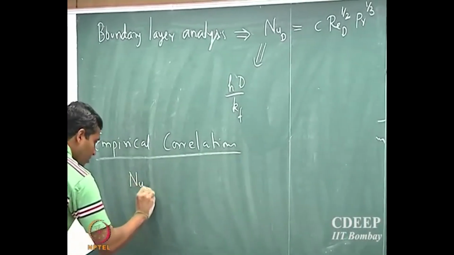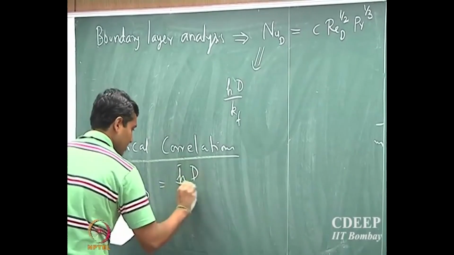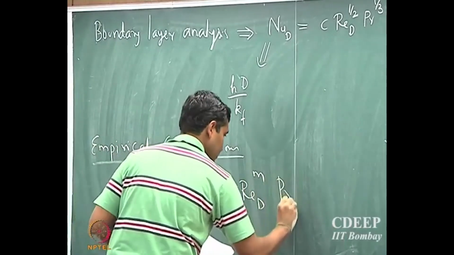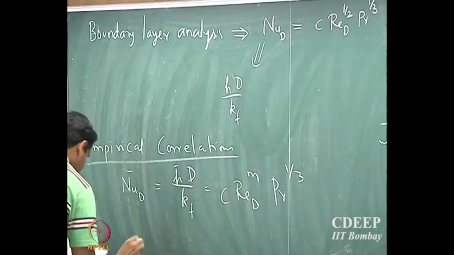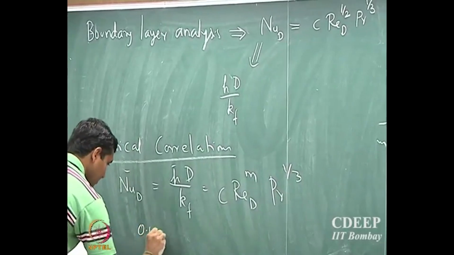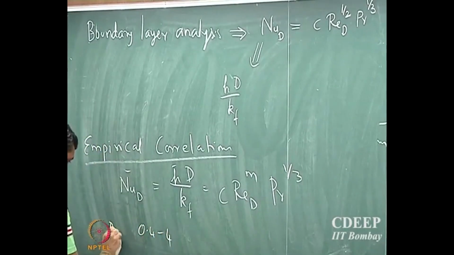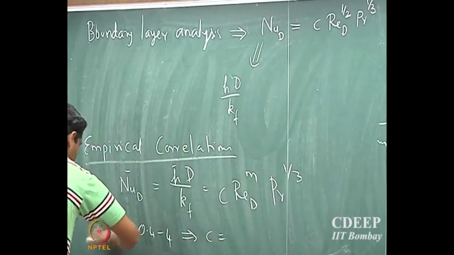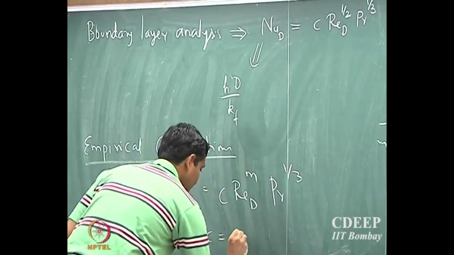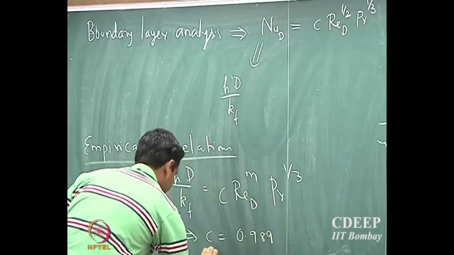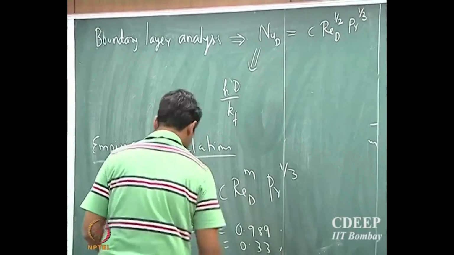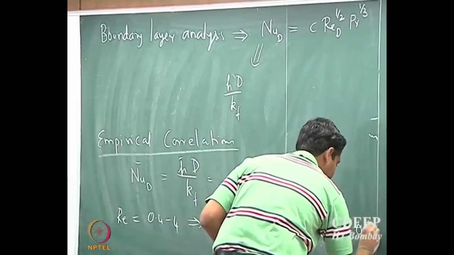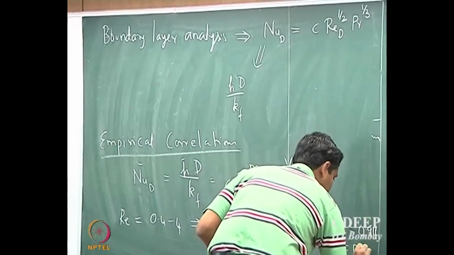And so the empirical correlation is, with Prandtl number to the power of 1 by 3, and C and M depend on the Reynolds number range: for one range M is 0.33, and for between 4 and 40, C is 0.911 and M is 0.385.